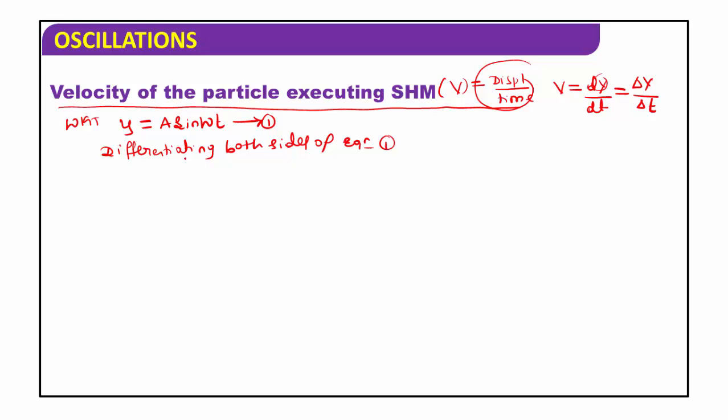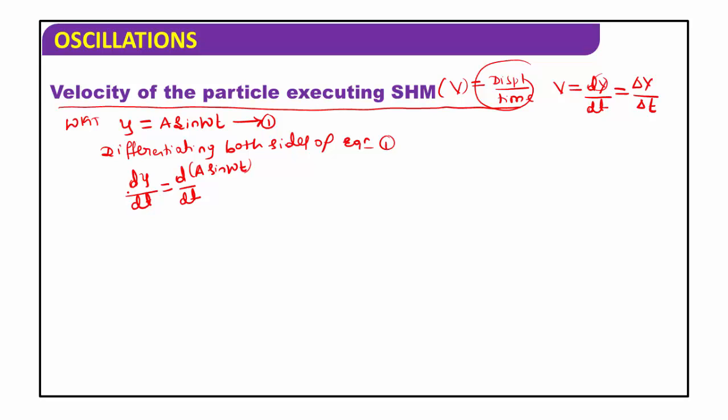When you differentiate this equation, we get dy divided by dt is equal to d divided by dt of y, where y is A sin omega t.